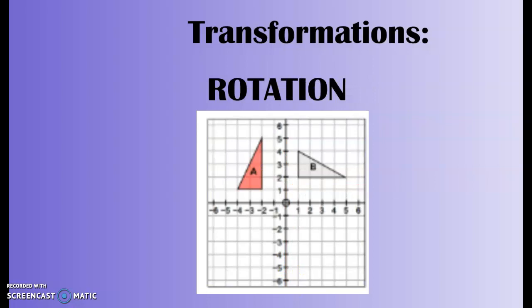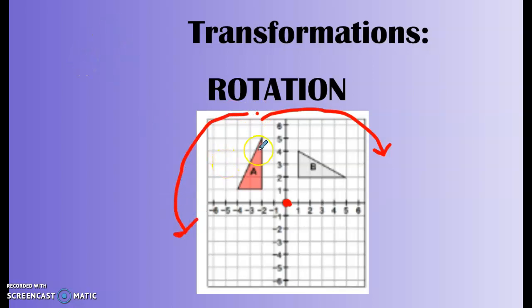Our third type of transformation, still creating a congruent figure, was rotations. We learned how to do rotations about the origin. We learned about rotations going clockwise. We also applied rotations going counterclockwise. And we did several types of rotations.